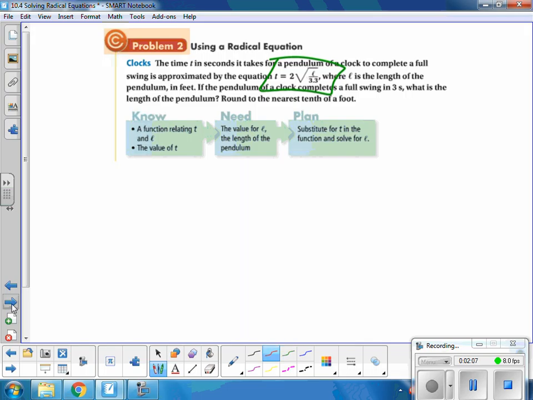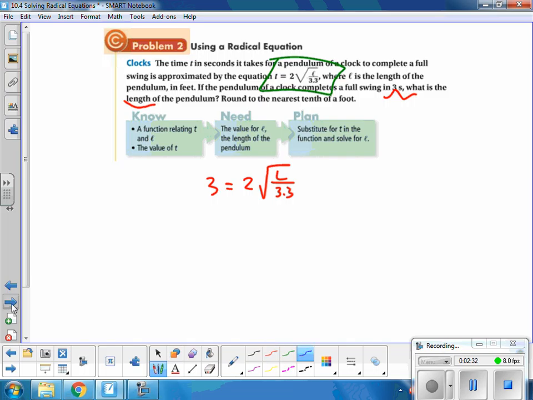It says if the pendulum of the clock completes a full swing in 3 seconds. So we're going to substitute 3 in for the time, and we're looking for the length of the pendulum. So what I know is it's going to be 3 equals 2 times the square root. I'm going to use capital L for length just so I can see it and not lose track of it.